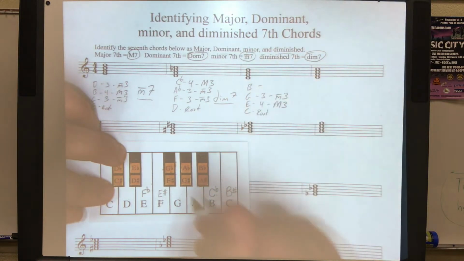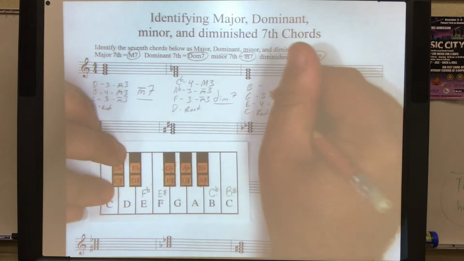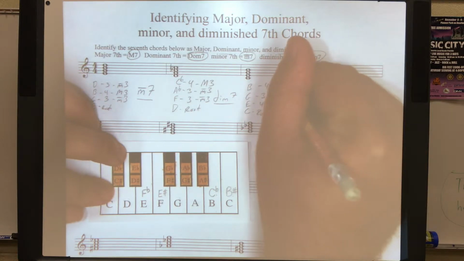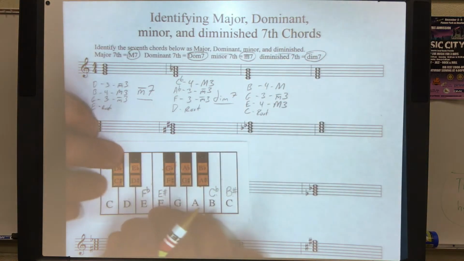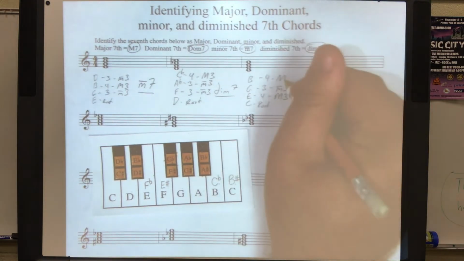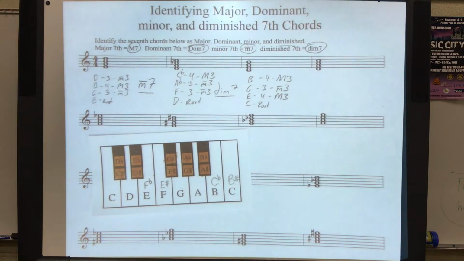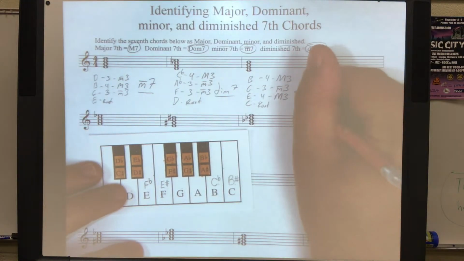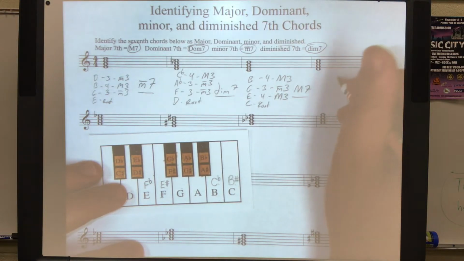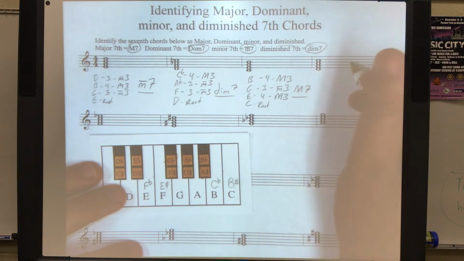And G to B, 1, 2, 3, 4 half steps. So we've got root, major third, minor third, major third. So we know that when we have root, major third, minor third, major third, it is a major seventh chord.